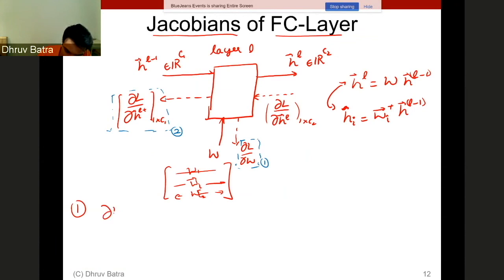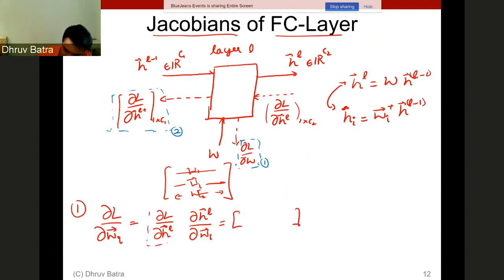It turns out that it's easier to calculate this in terms of each of the weights W_i as opposed to the full matrix. It's far easier because things just end up becoming a lot simpler. And this is where I saw several people get tripped up in their calculations. This part is pretty easy. If you just apply the chain rule, you get the partial of loss with respect to H^L and the partial of H^L with respect to W_i.